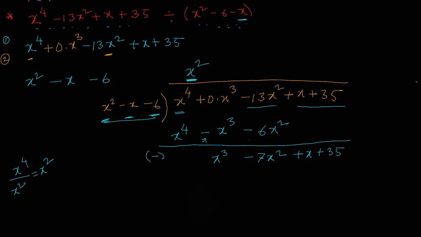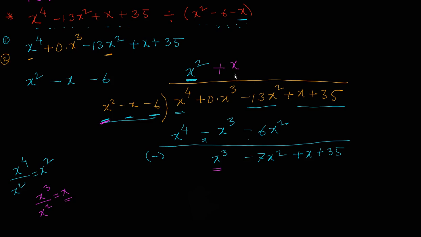All right, so now let's go to the next step. Again, I'm going to pick up the first term of my dividend, which is x cube, and I'm going to divide by the first term of my divisor, which is x square. So x cube over x square is x. So I'm going to write down this x over here, so plus x.